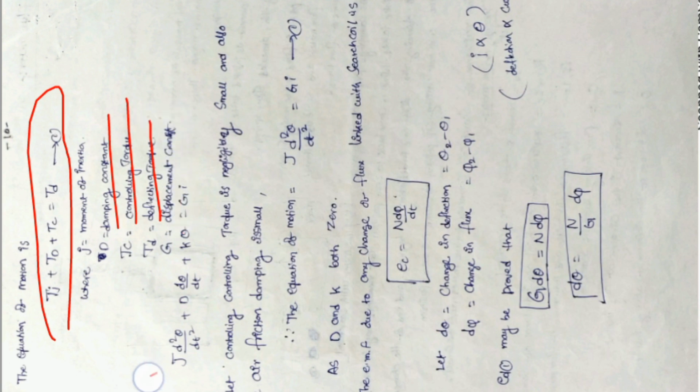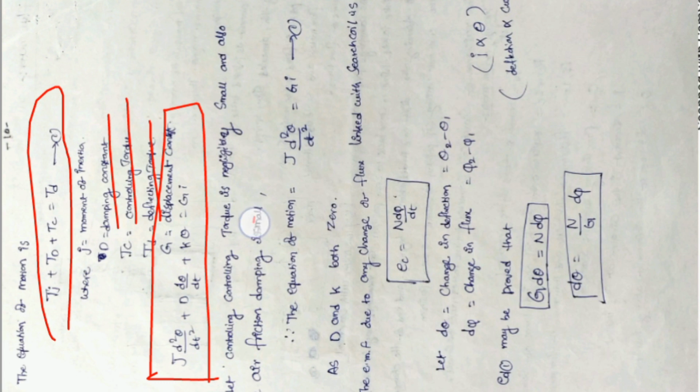From the control system equation for a second order spring and mass system, J d square theta by dt square plus D d theta by dt plus K theta equals G i. That is the equation of motion.